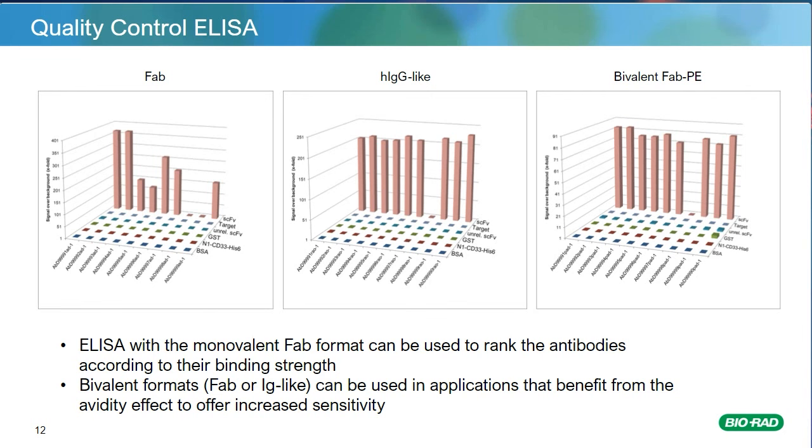And we can see that the specificity shows only binding to the scFv used as a panning antigen. What's interesting is that ELISAs in the monovalent format can be used to rank the antibodies according to their binding strength, and that we see differences from the avidity effect in the binding behaviour of antibodies when they're converted to bivalent antibodies.